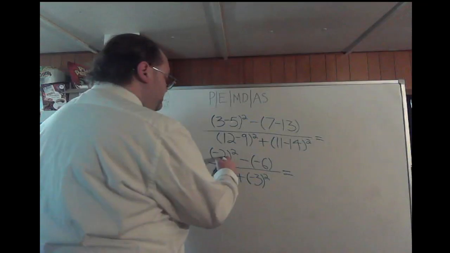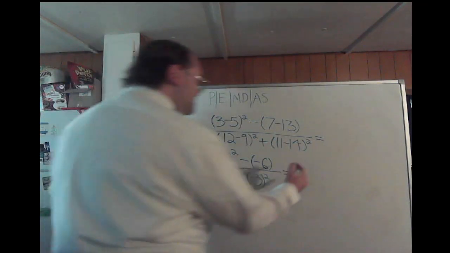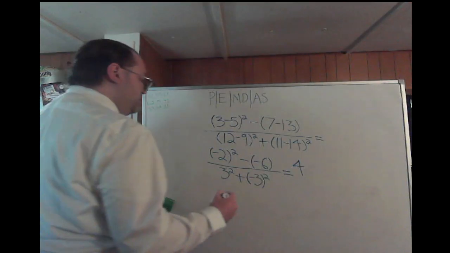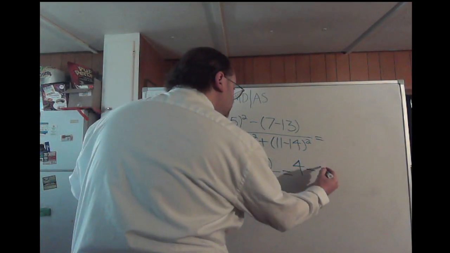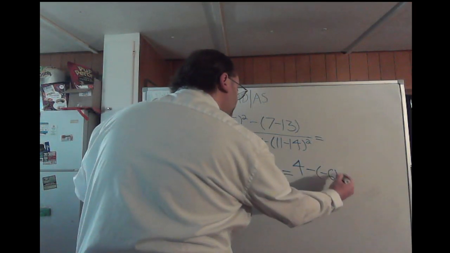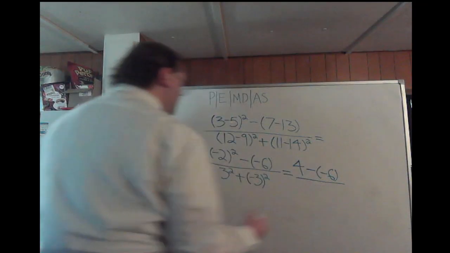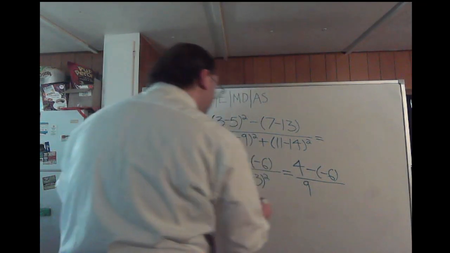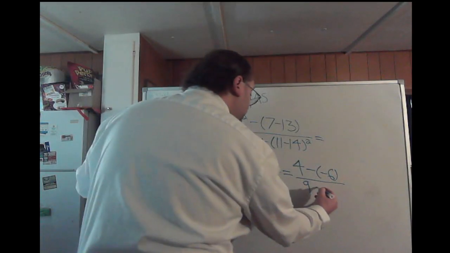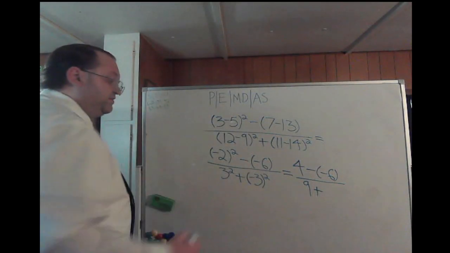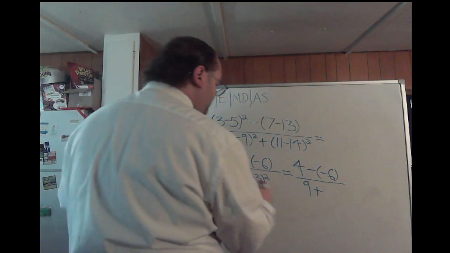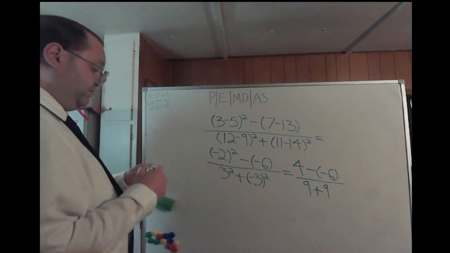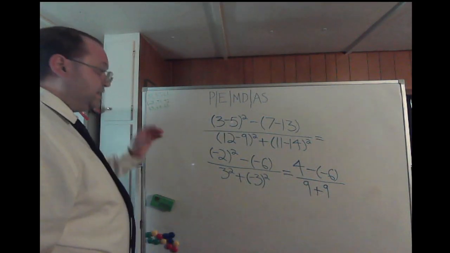So that negative 2, that quantity to the second power, that's going to be positive 4, minus 6, over, what is 3 to the second power? Well, that's 9. Plus, now that negative 3 to the second power, since it's in parentheses, that'll give you positive 9. So far with me? So we've done our exponents.